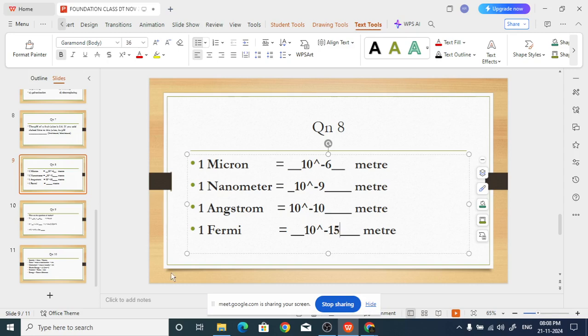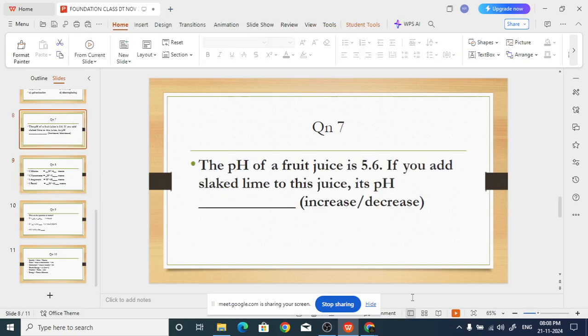Okay. Then go to question number 7. Can you read this question and then answer it?